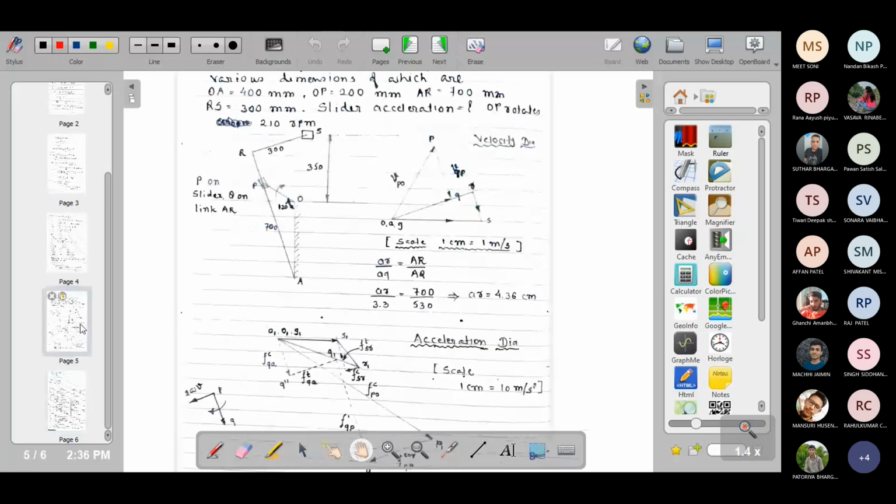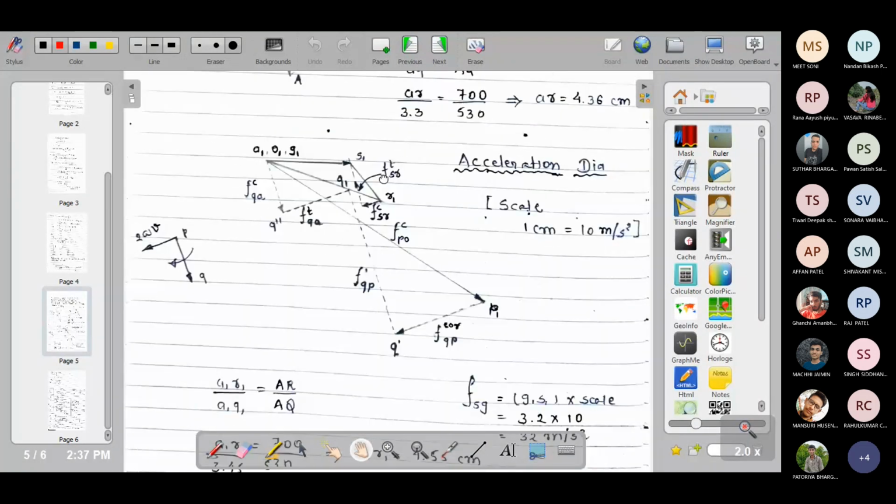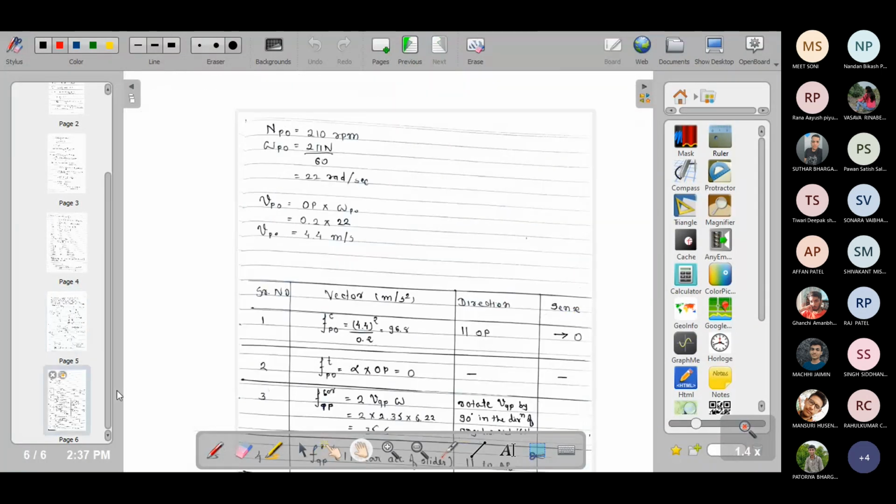Now for the acceleration diagram, we are using suffix 1. Whatever are the fixed points, A1, O1 and G1, these are the fixed points.